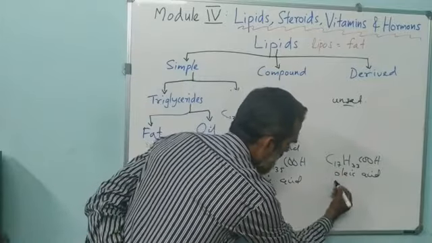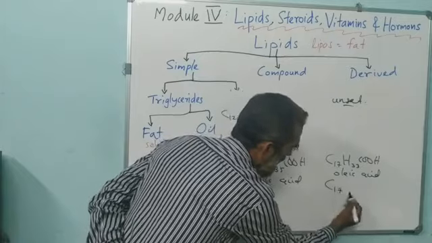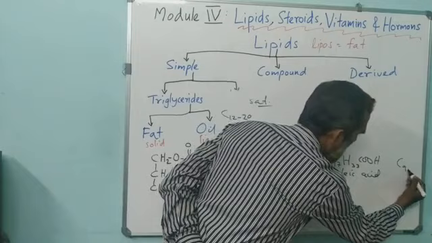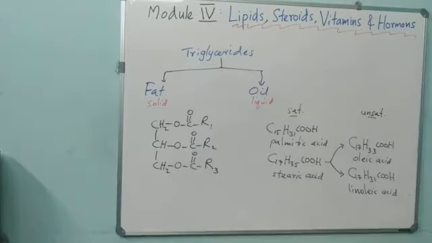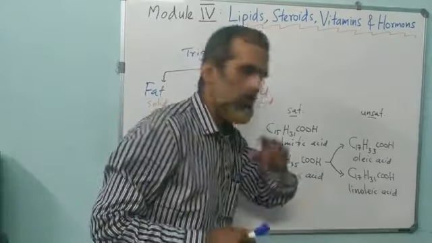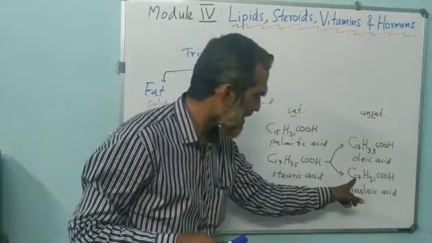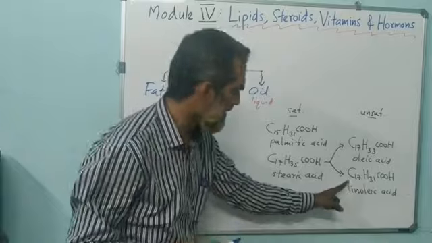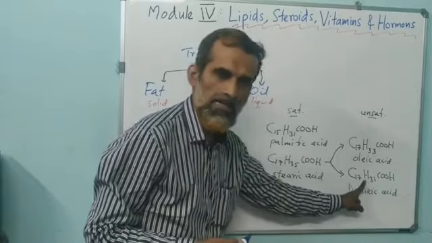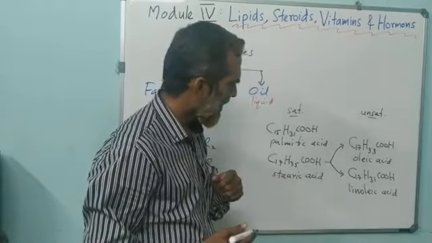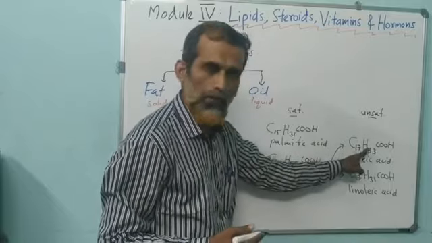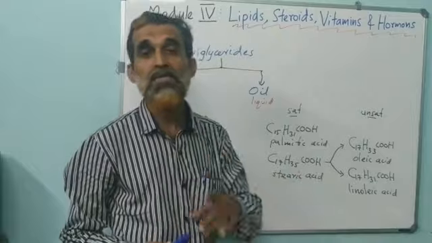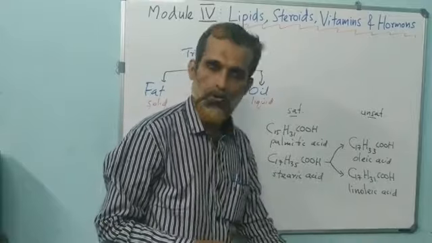Again the same number of carbon, C17, but one more double bond. Remember, in oleic acid, the double bond appears at C9 carbon. So the second unsaturated fatty acid is C17H31COOH. That means compared to oleic acid, 2 more hydrogen less. That means there is 1 more double bond.